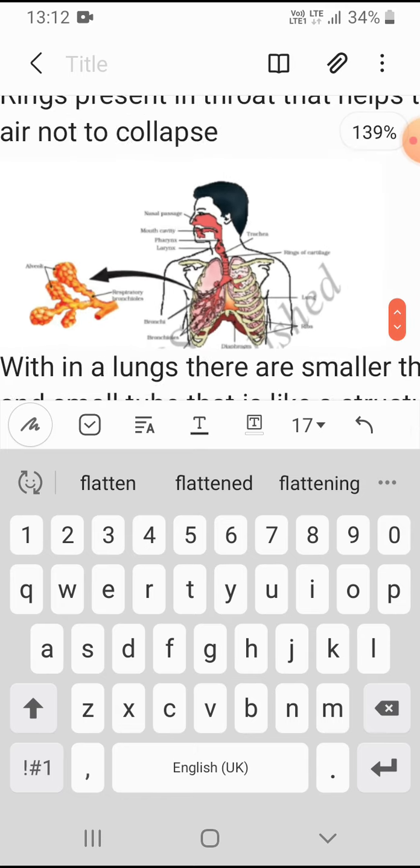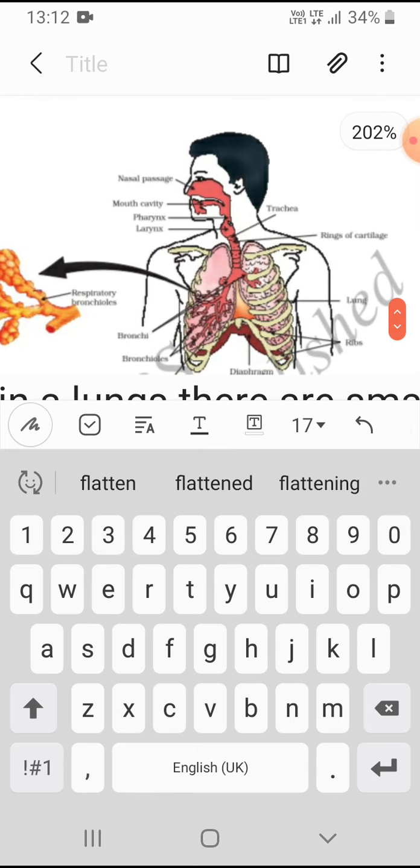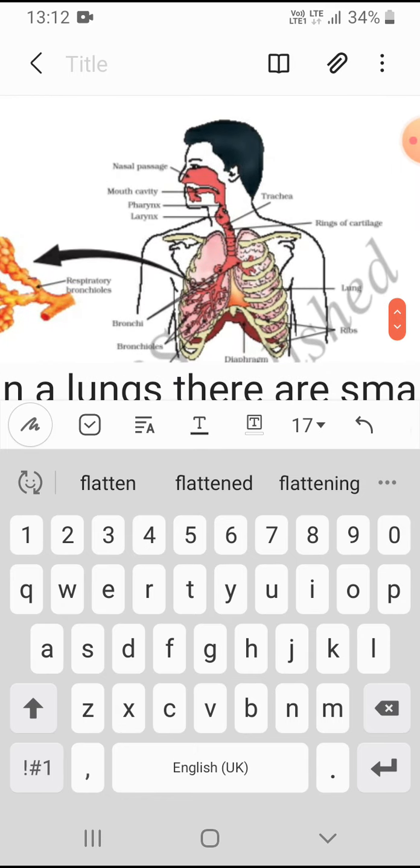So in this photo I will show you. See the diaphragm. Here you can see this is the diaphragm. When you breathe in, it becomes flattened, and when you breathe out, it becomes big.